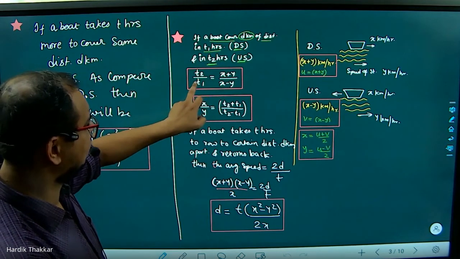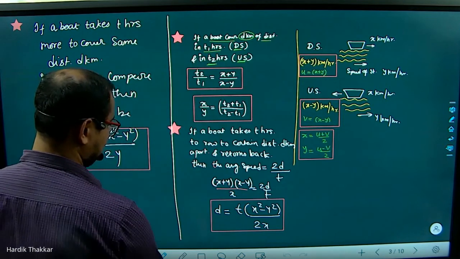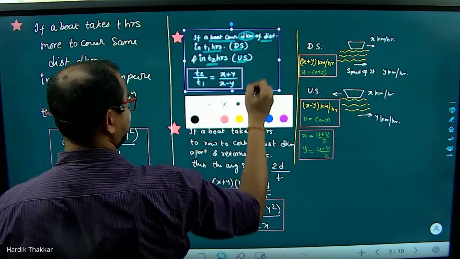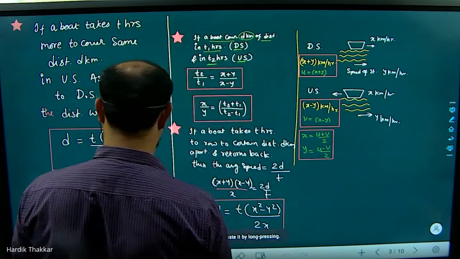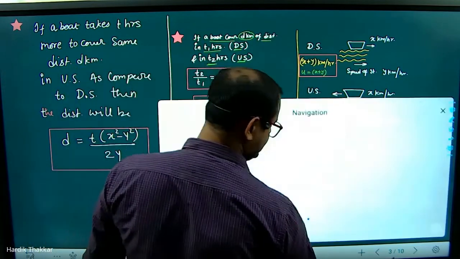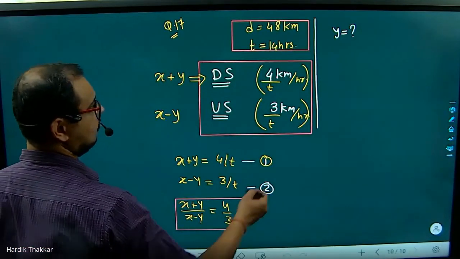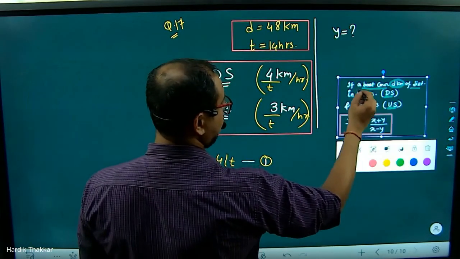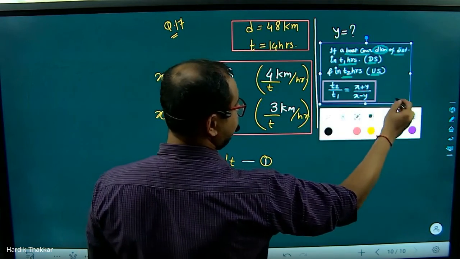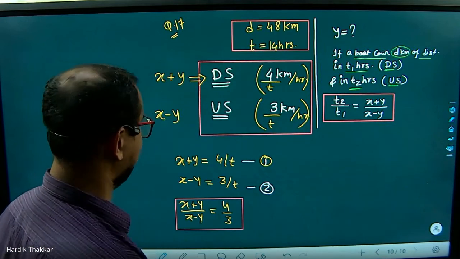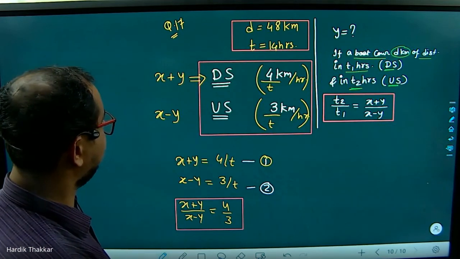Yes, I think we can use this condition. Okay, just look at this. Okay, but we will get t1 and t2.